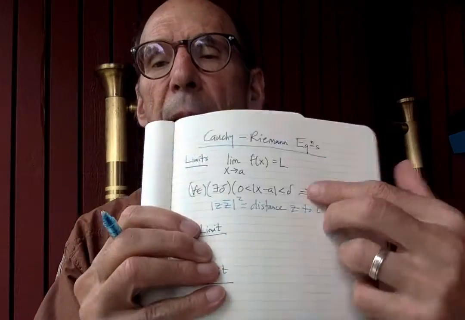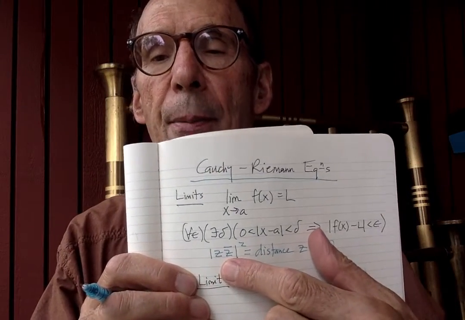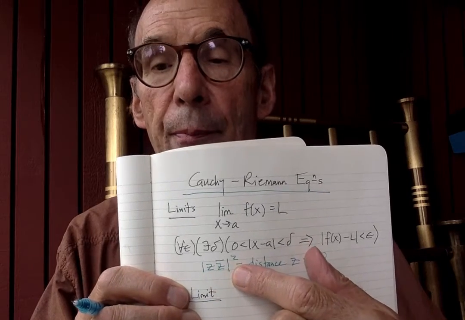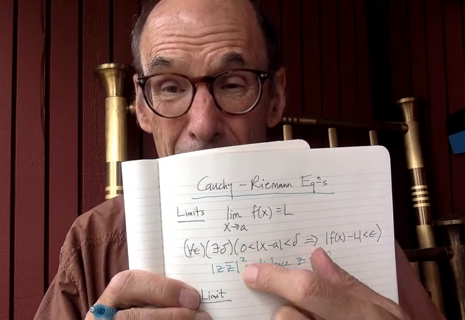Okay. Well, you take the complex absolute value, you take z times its complex conjugate, and that's the distance squared. So I think I may have messed that up. Okay. You've seen this before, so that's not a worry.